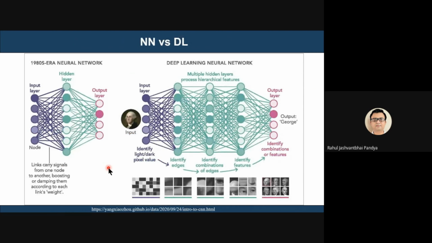The major difference between neural network and deep learning is, in a neural network, you can see the number of hidden layers is lesser, whereas in deep learning, the number of neural network layers is many, right, which are used for feature extraction and prediction. Here the links carry the signals from one node to another node, boosting or damping them according to the weights and biases, right?